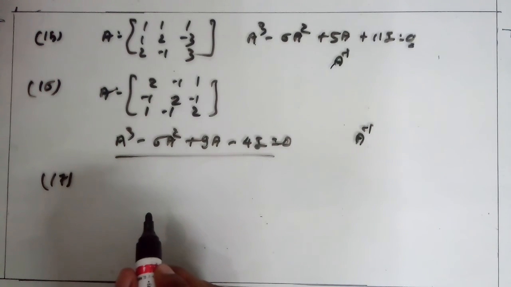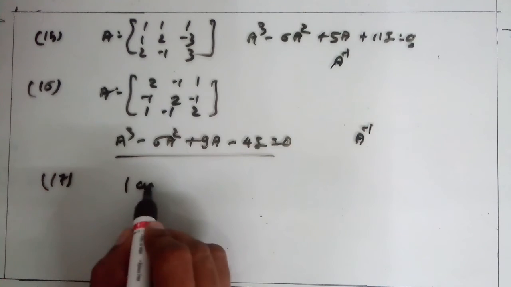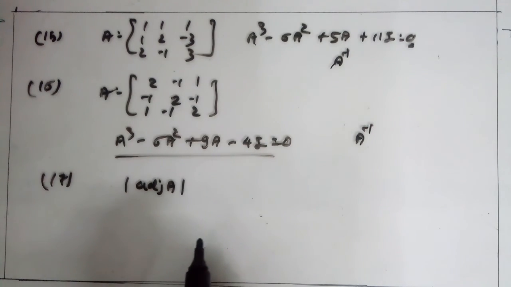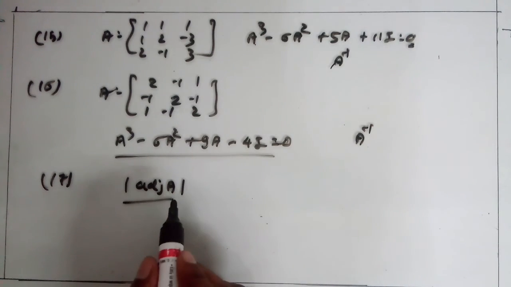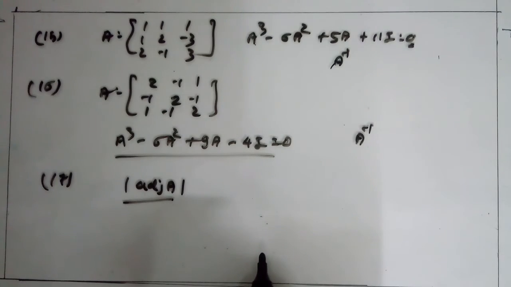Question number 17. Objective question given. Let A be a non-singular square matrix of order 3 cross 3. Then the determinant of the adjoint of A is equal to blank. Remember this here.